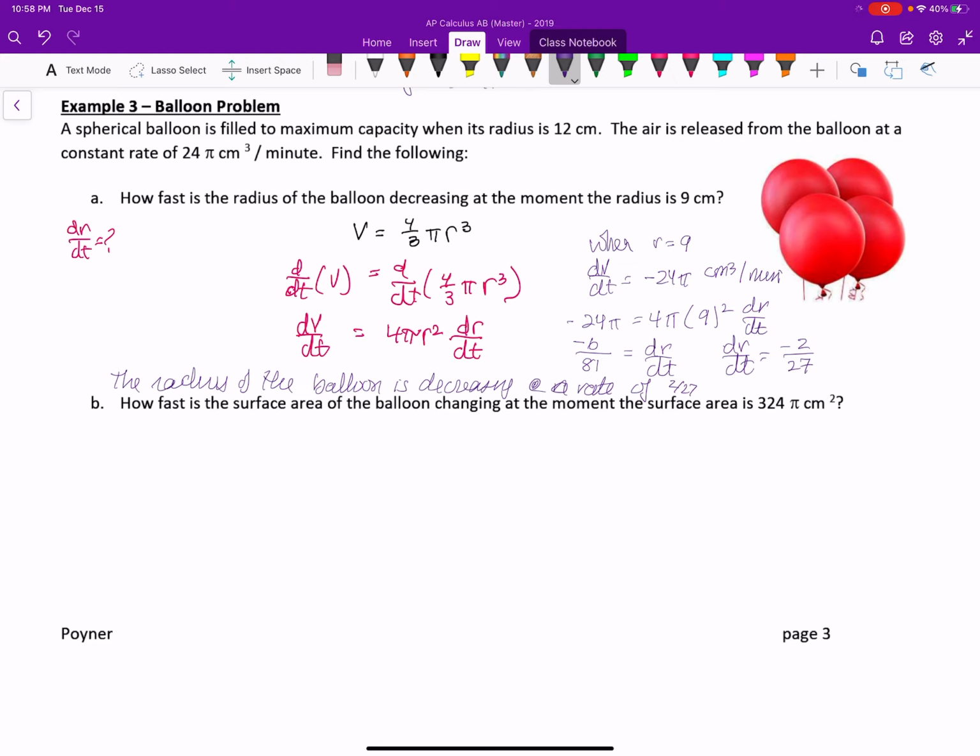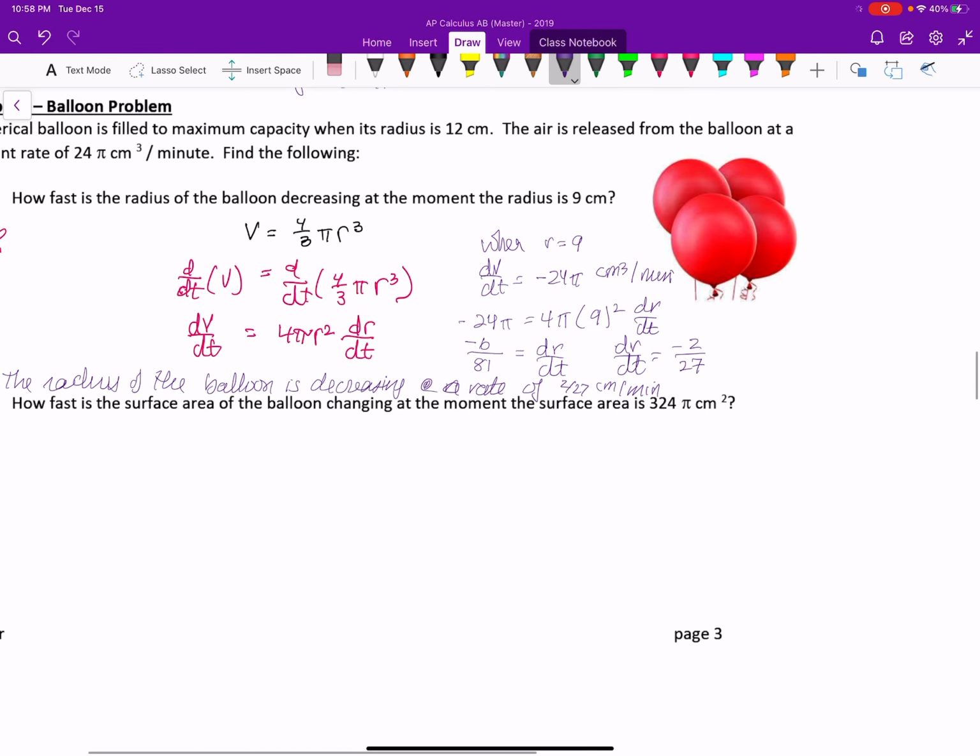I said decreasing, so don't make it a double negative. Decreasing at a rate of 2 over 27 centimeters per minute, not centimeters cubed, it's centimeters because it's a length now. And then we have to write when the radius is equal to 9 centimeters, because it's not all the time, it's just when the radius is 9 centimeters.